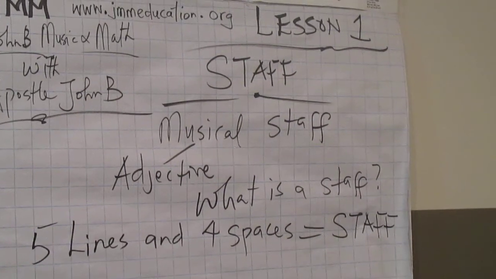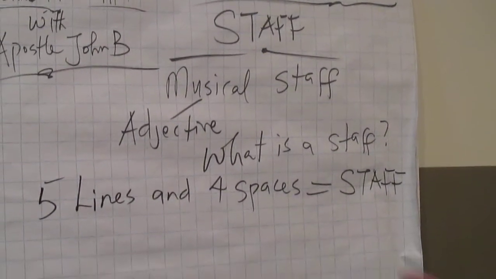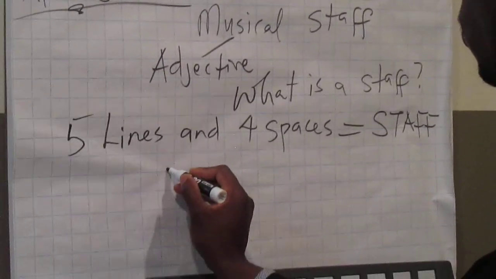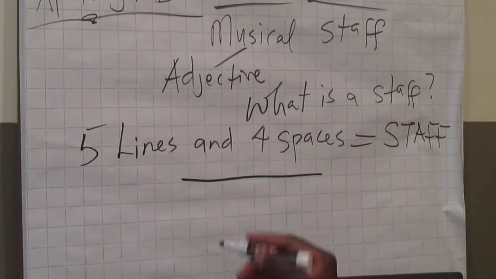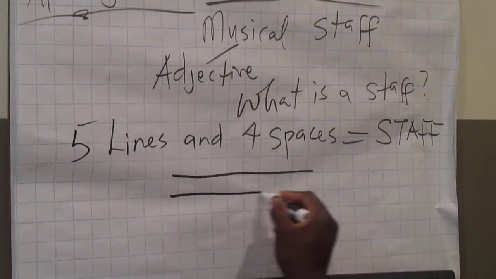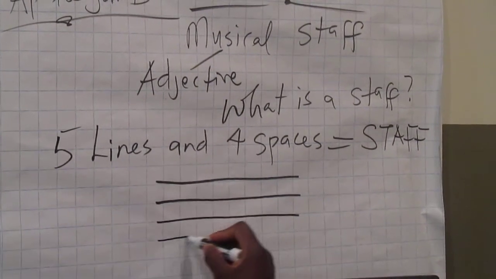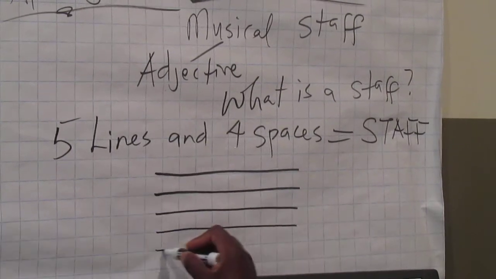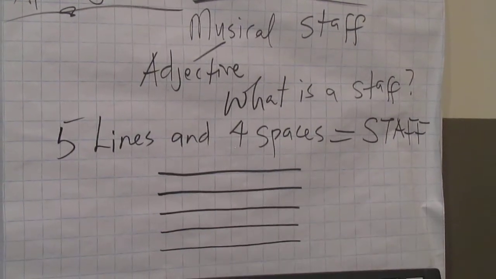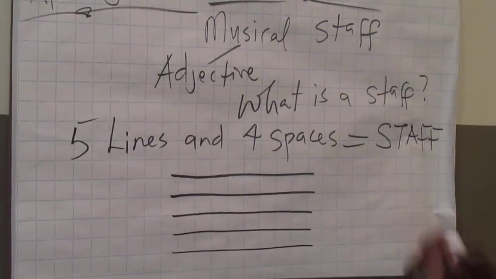Now let me show you the 5 lines and 4 spaces. This is line 1, line 2, 3, 4, and 5. So how many lines do we have? Let's count.